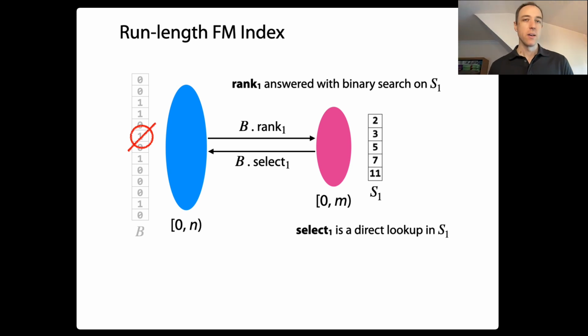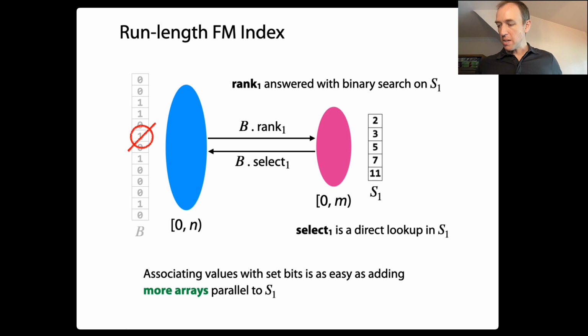This turned out to be a good way of doing predecessor queries. And if we not only want to do predecessor queries, not only want to be able to jump to the previous, let's say, run head or tail with respect to the BWT, but also want to associate some data with that run head or tail, that's actually not so hard to add into this picture. So we have our array S1 with our answers to all the select queries.